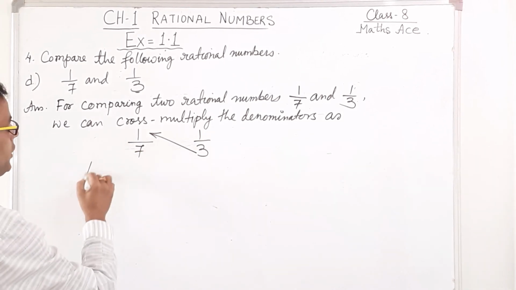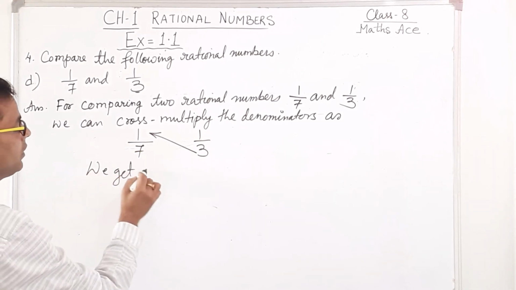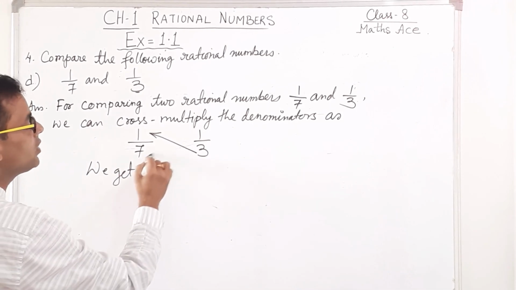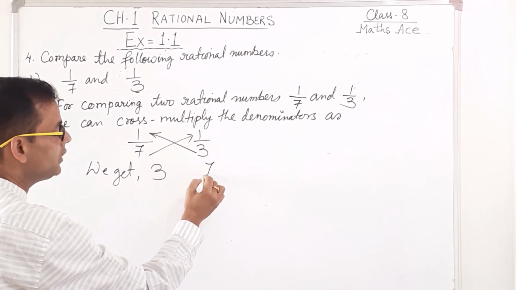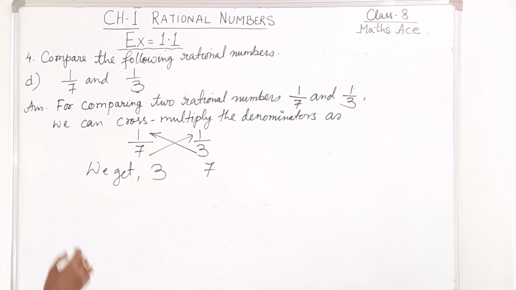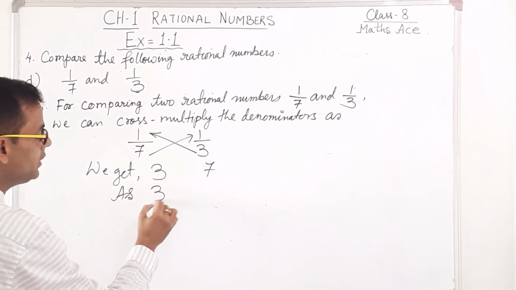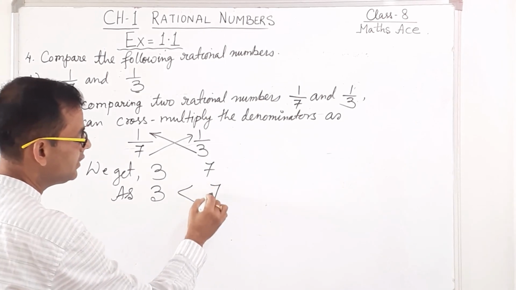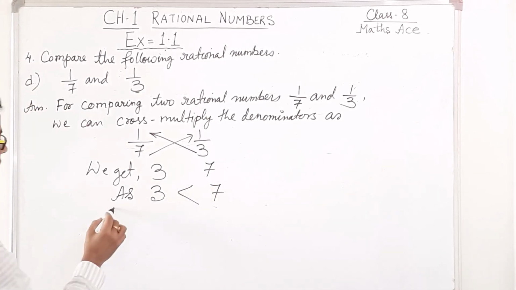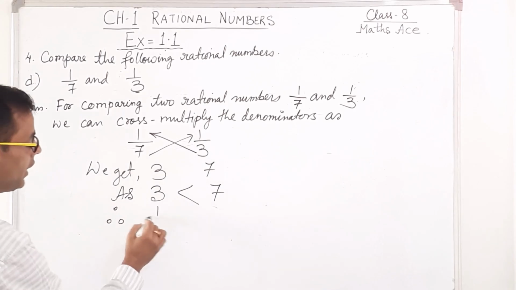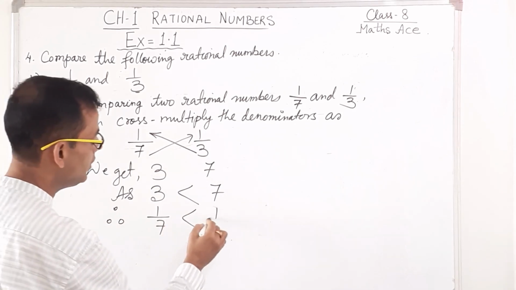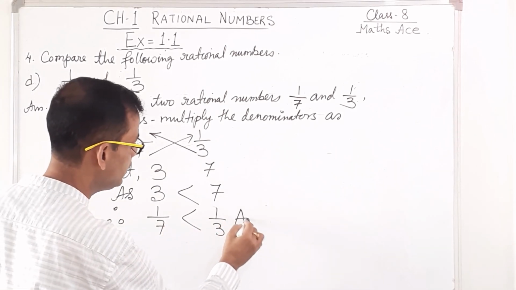So 3 we get 3, and this one what? 7. Clear? Now as 3 is less than 7, therefore 1 by 7 is less than 1 by 3.